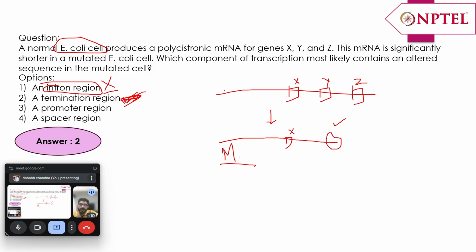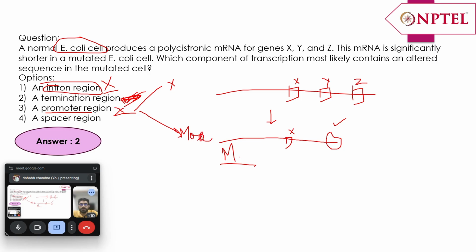Then, if the mRNA is being shortened, then the promoter region will not have any role in this. If the promoter would have been mutated or there would be any problem associated with the promoter, either the mRNA will not be produced or it will be produced in more number.